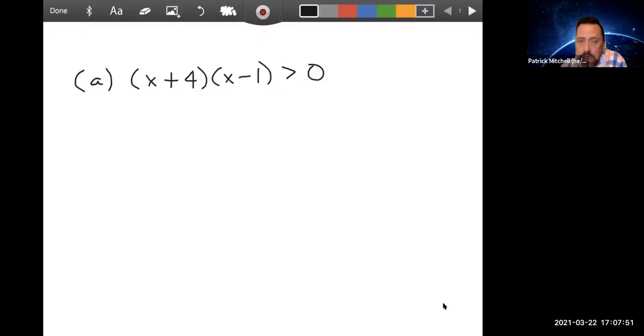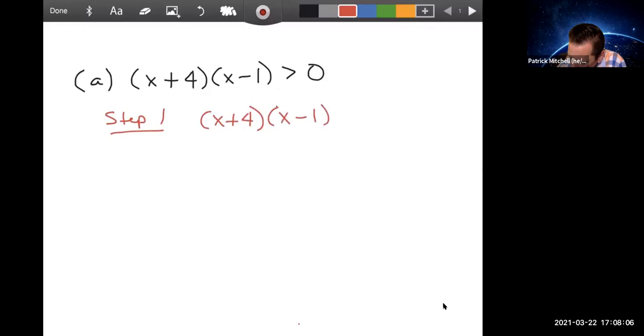So step 1 is to solve the related equation, which would be x plus 4 times x minus 1 equals 0. And I hope at this point it's okay if I just say the solutions of that equation are x equals negative 4 and x equals 1.